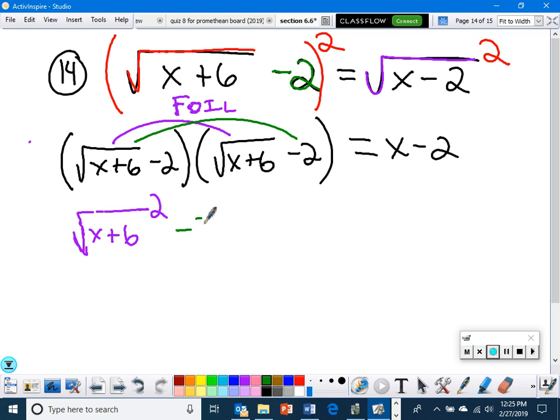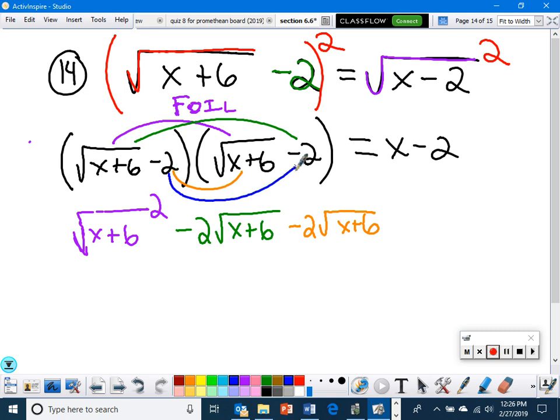We get, okay, and then the inside terms, we get, and then the last terms we get, and then it equals, okay, hopefully that made sense. FOIL. So the first terms give us the purple. The outside terms gave us the green, the inside terms gave us the orange, and the last terms gave us the blue.